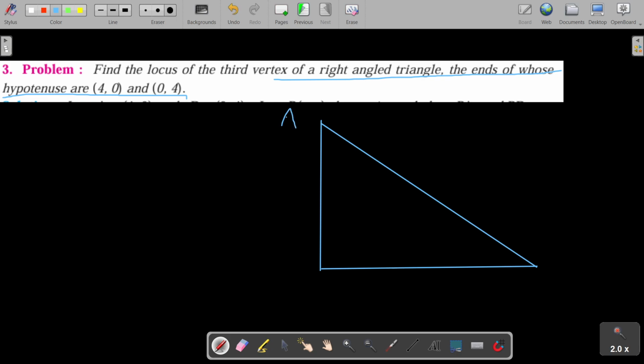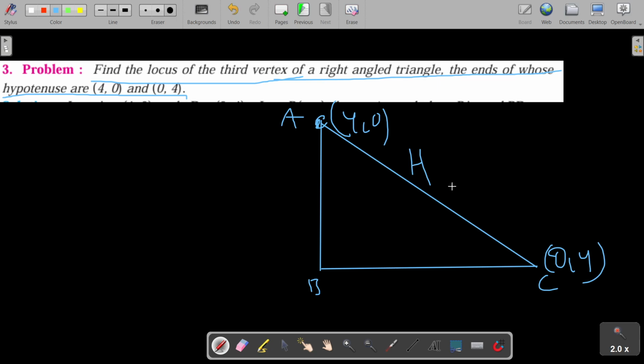Let's call the vertices A, B, and C. Find the locus of the third vertex of a right angle triangle, the ends of whose hypotenuse are this. So let's say this is 4 comma 0, and this is 0 comma 4. These are the two ends of the hypotenuse.